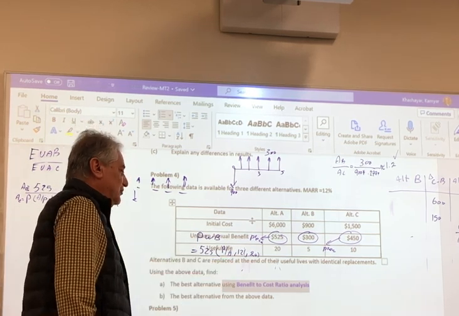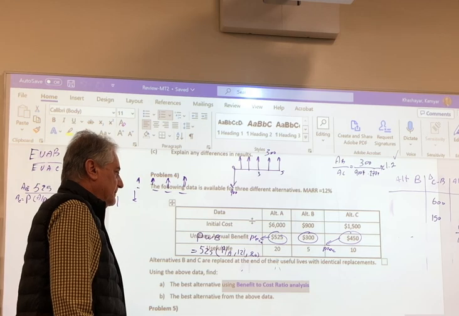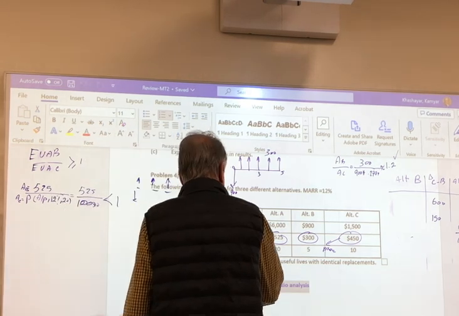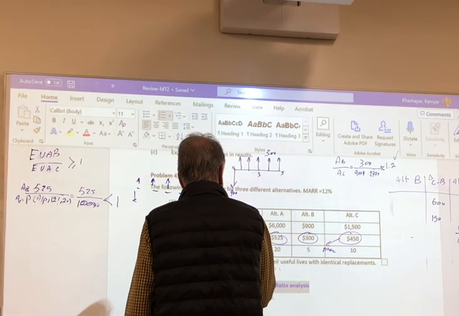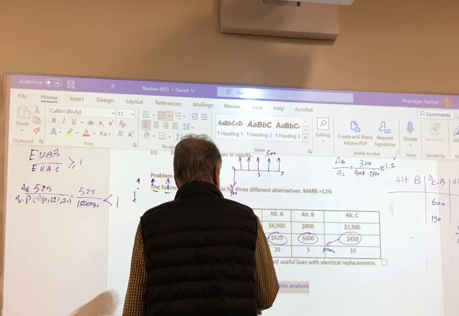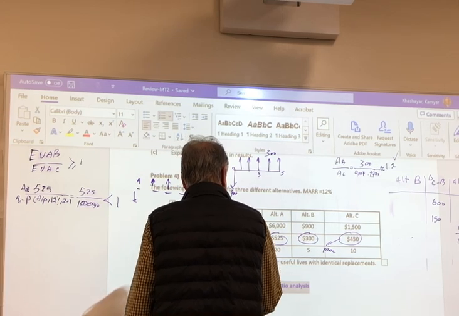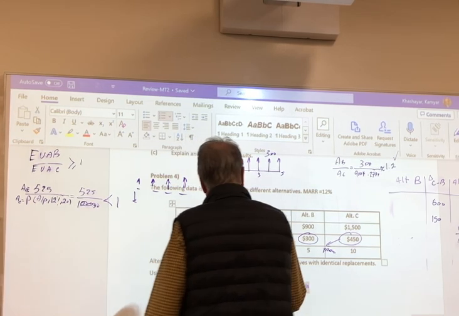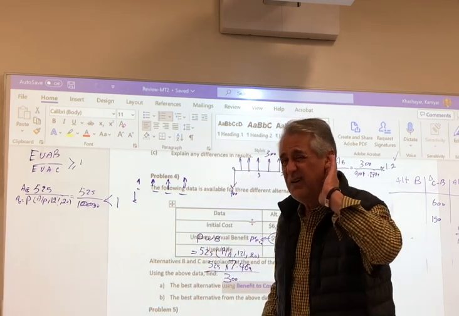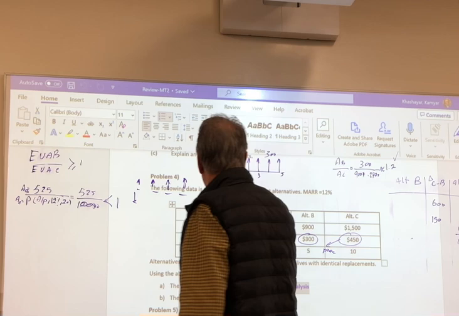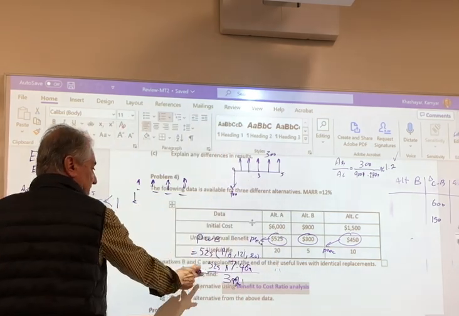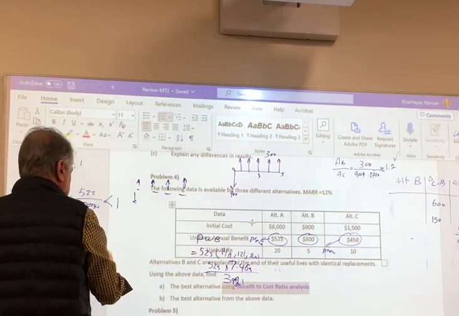P over A, 12%, 20. 7.469. 7.469 times 525, please. 3,921. So that's my benefit. Take a look, that's my benefit, present worth of benefit.